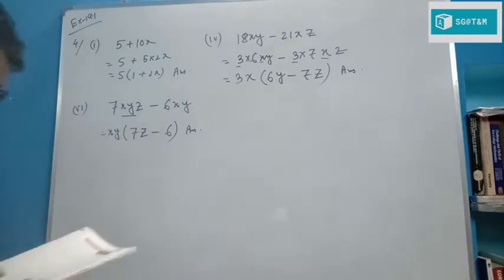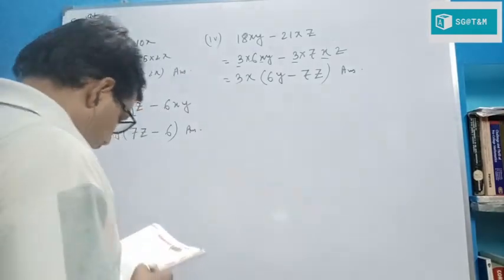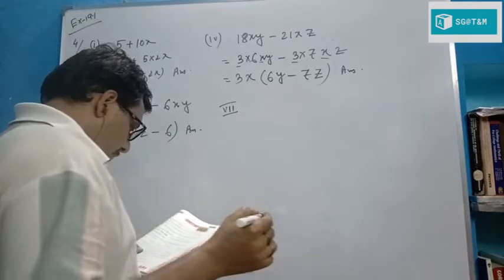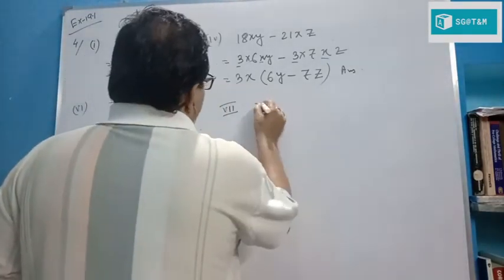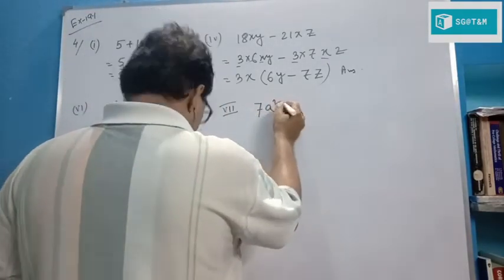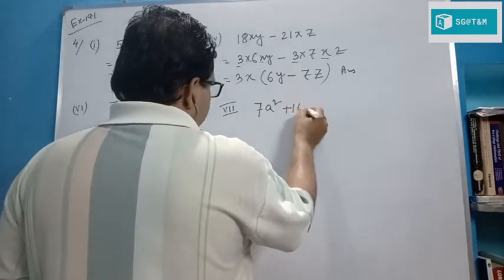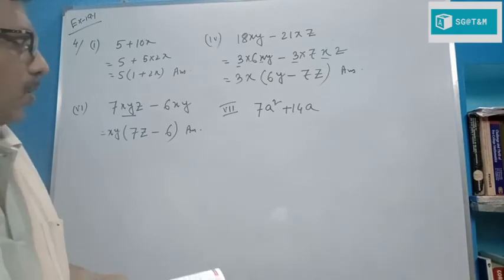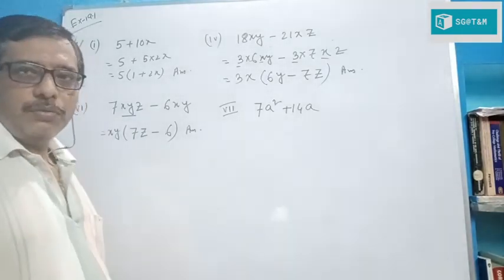Next, problem number 7. 7 square plus 14a. 14 is a multiple of 7, obviously. So 14 means 2 into 7.